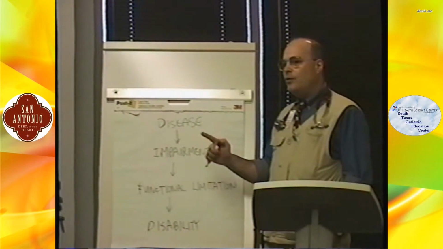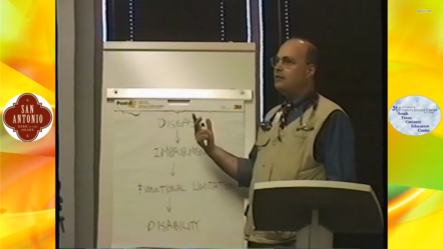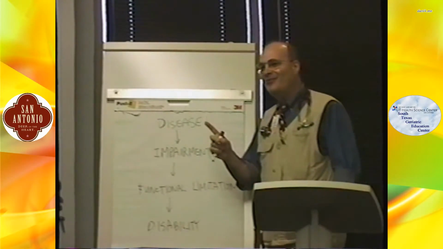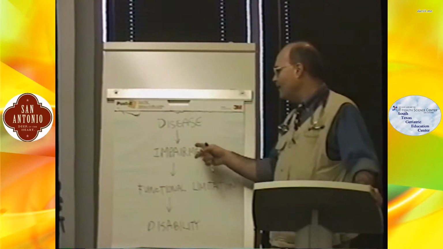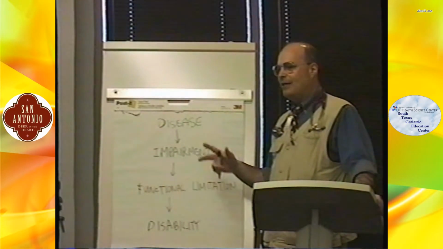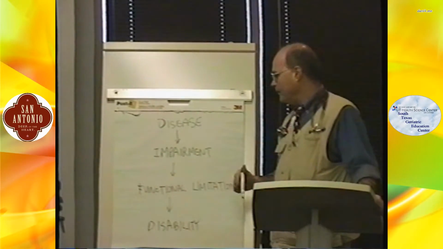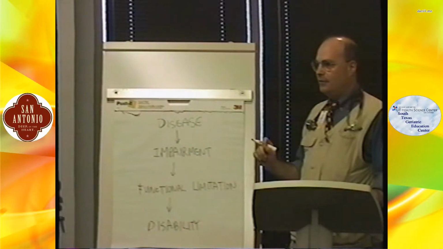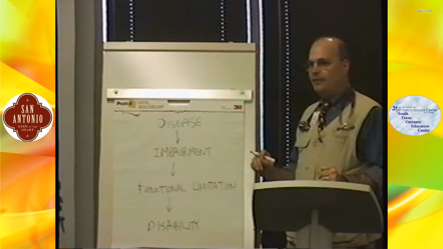Okay? I can't think of many diseases that I deal with that just lead to one impairment and one functional limitation and one specific disability. But most of the time it's multifactorial and it's hitting in multiple areas. Okay. Any questions at this point? All right, so this is the main disease disability pathway.